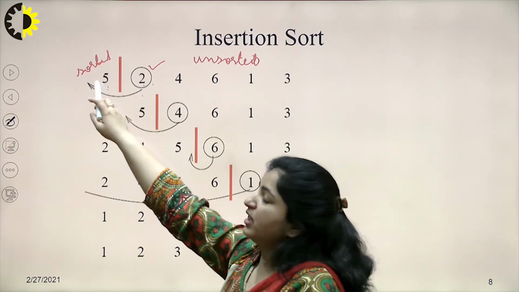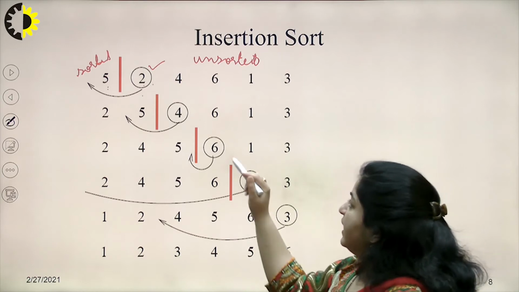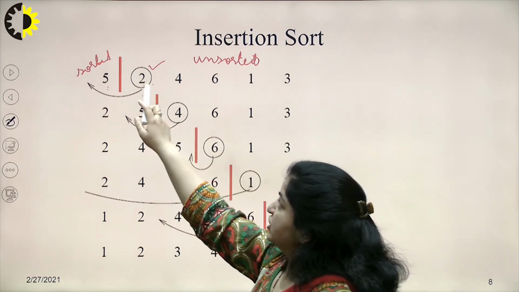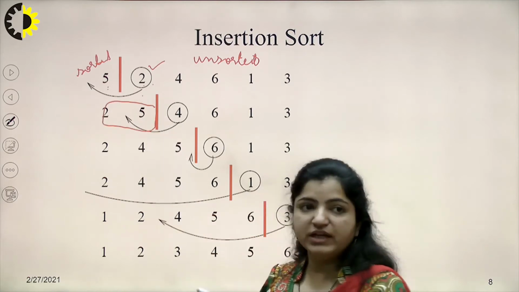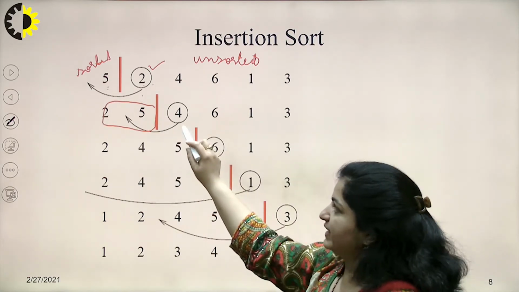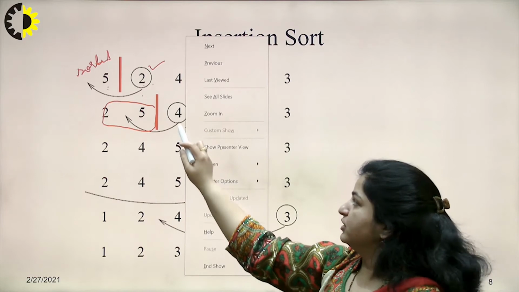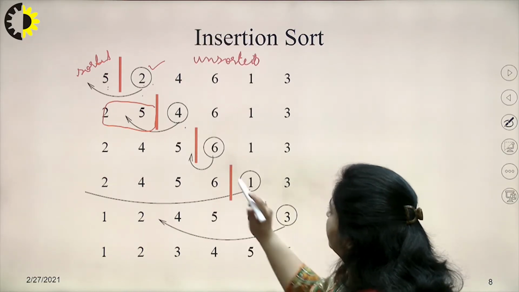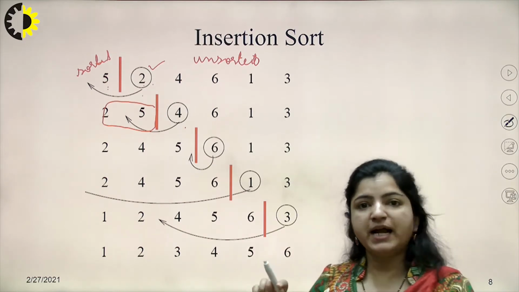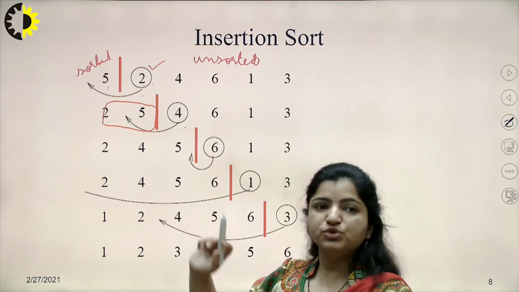So this 2 will be compared with the sorted values, and then we'll check that 2 should come before 5. So here again I have the sorted values, fine. Similarly, we'll proceed with the next element in the unsorted array. This 4 will be compared, and this 4 will come between 2 and 5.